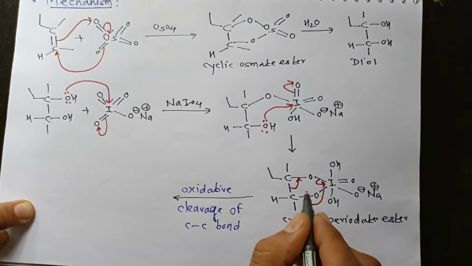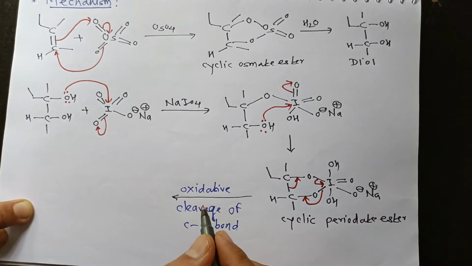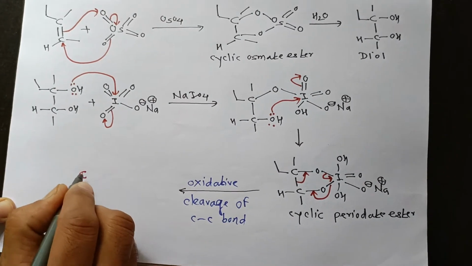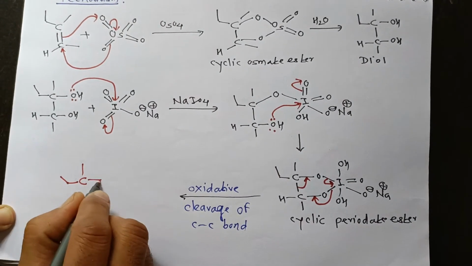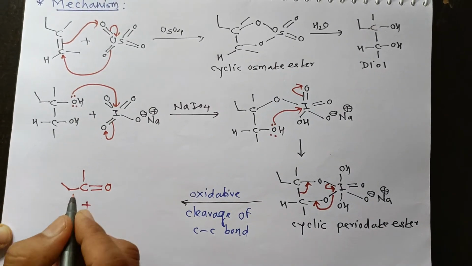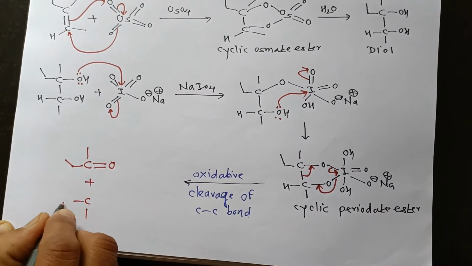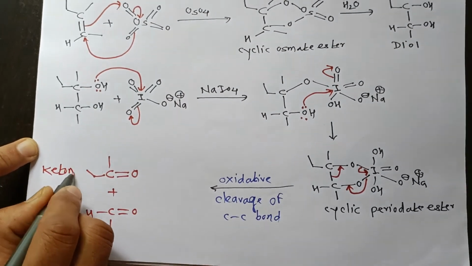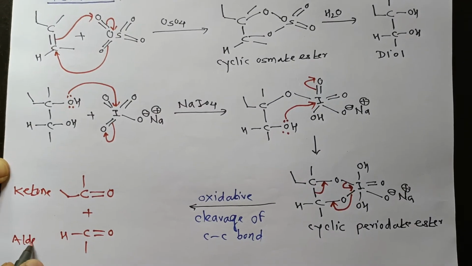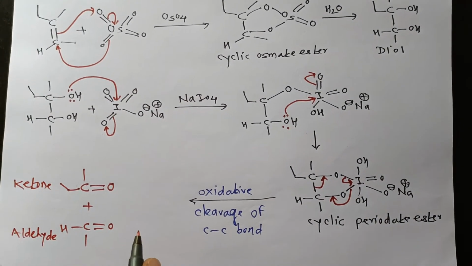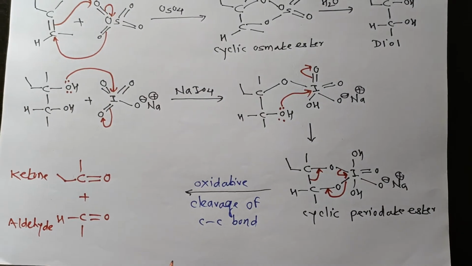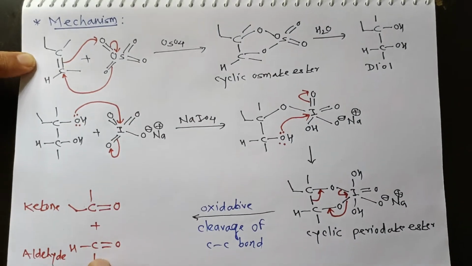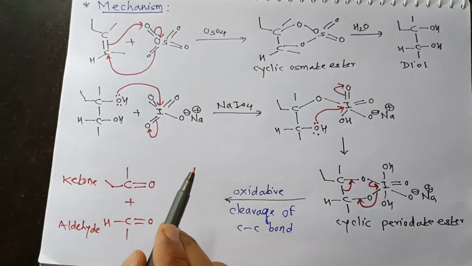So this type of cleavage of the carbon-carbon bond takes place in the cyclic periodate ester and there is formation of C double bond O plus CH3 hydrogen C double bond O, that is a ketone, and this is an aldehyde. So this is the mechanism of conversion of alkene into ketone and aldehyde using osmium tetroxide and sodium periodate.